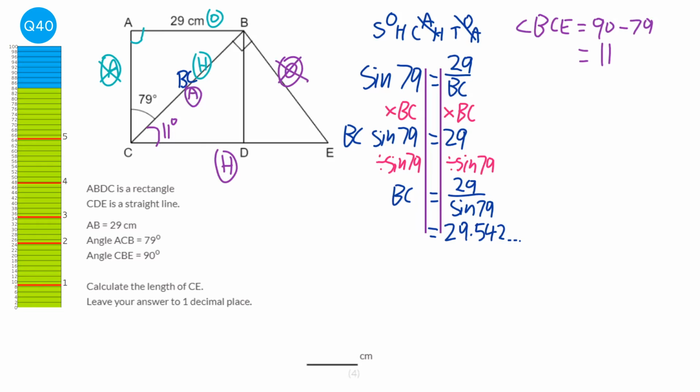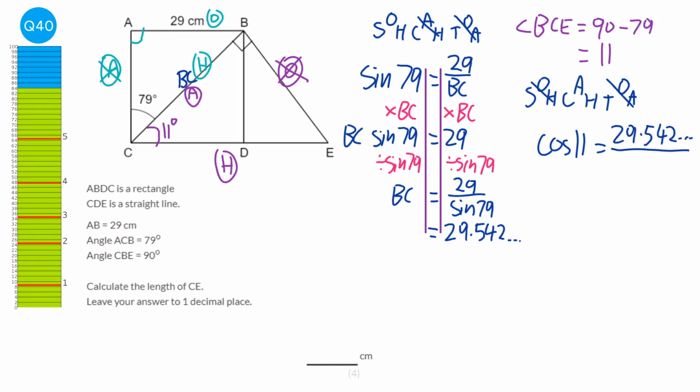So let's do our little triangles now, find out which one we're using. We're not using O, so we get rid of sine and tan, and it's going to be a cos. So it's going to be cos 11 equals the adjacent, which is the BC value we've just worked out, over the hypotenuse, which is CE.